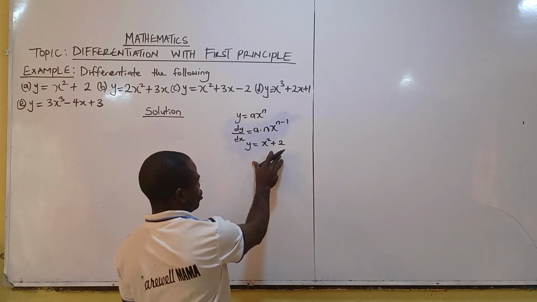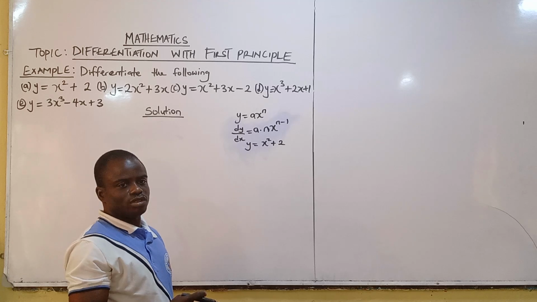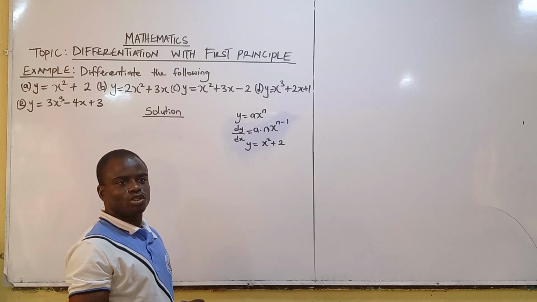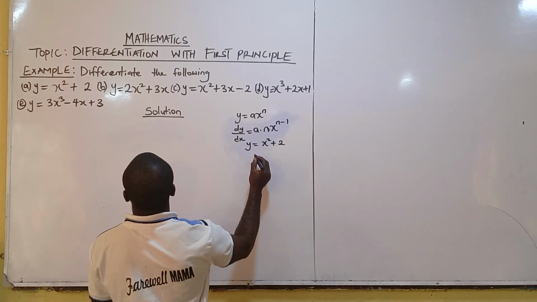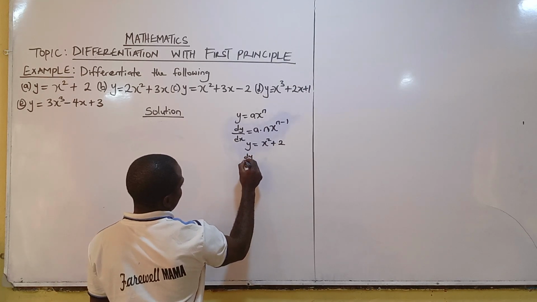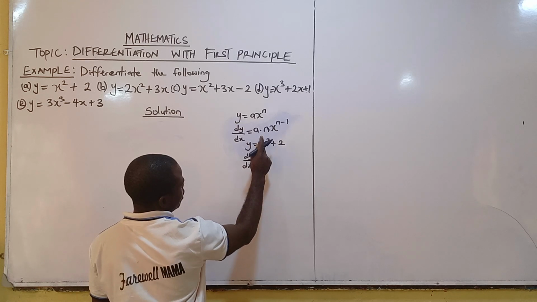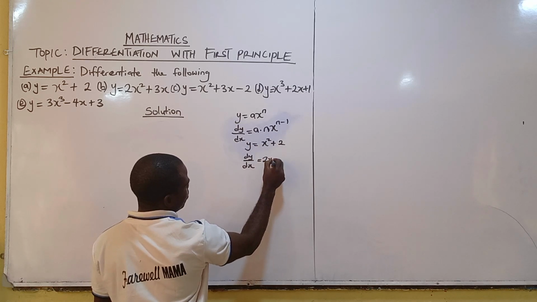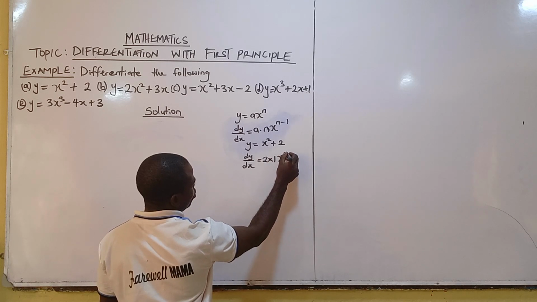Let's use the general method to see what you are going to get, so that when we use the first principle method, you can compare the two. It must be the same. Now dy over dx here, the 2 will come to the front. There's 1 here, so that is 2 times 1, x to the 2 minus 1.